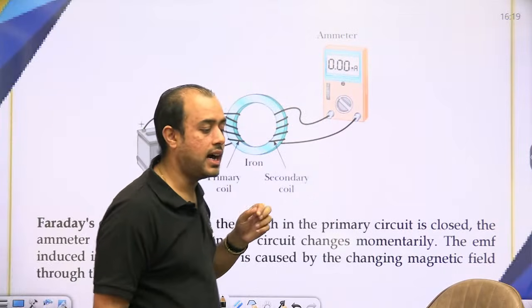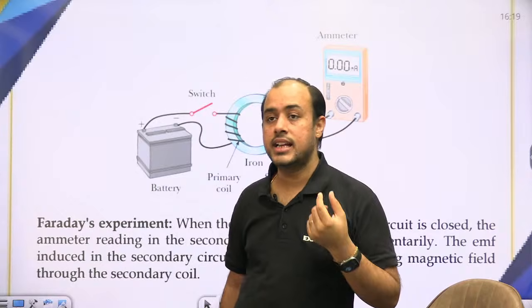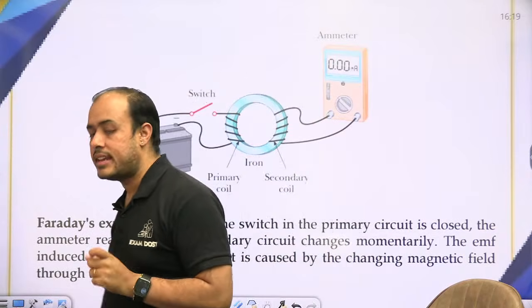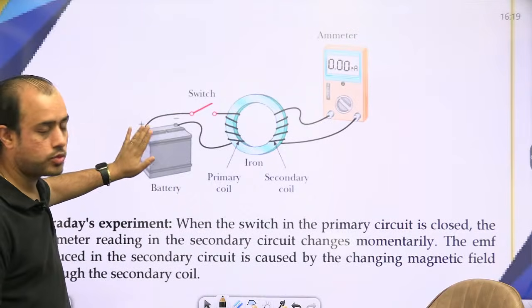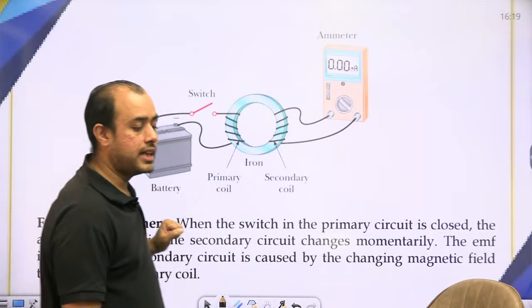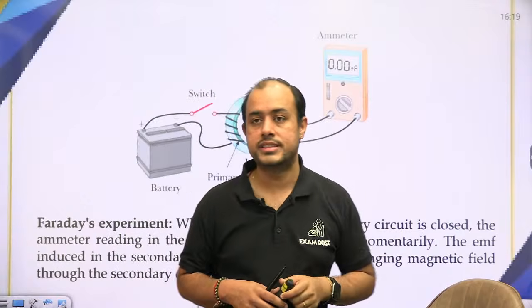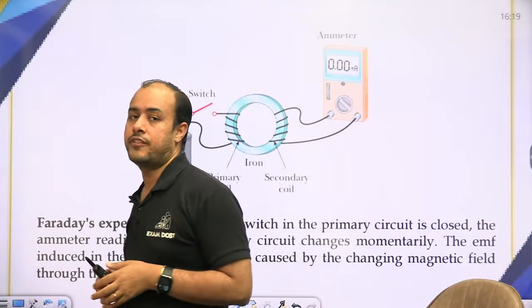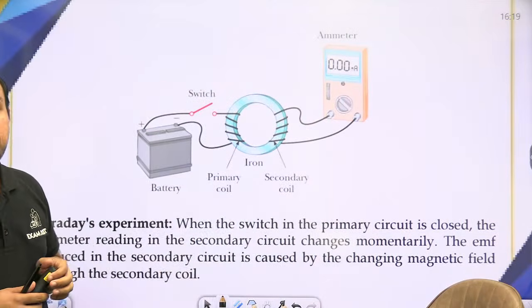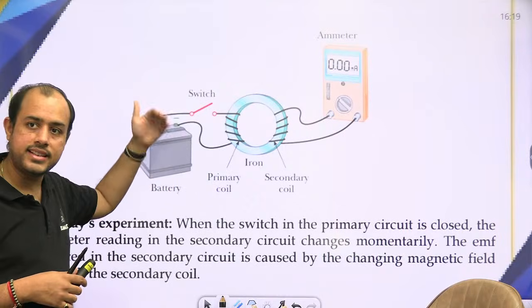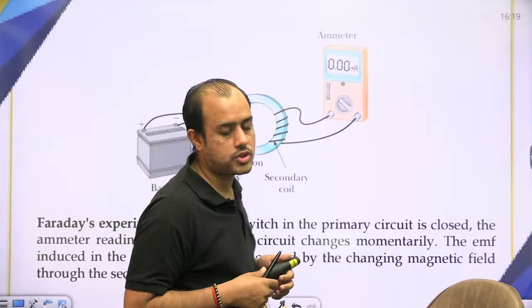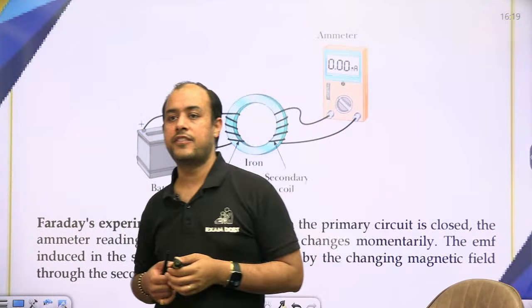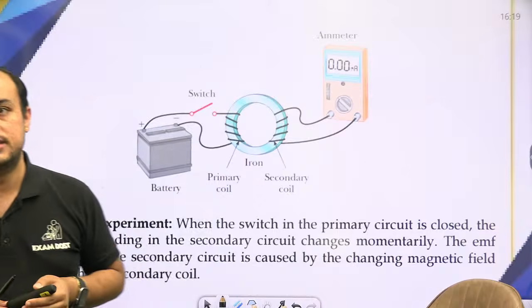Which means beta, there is deflection in the ammeter only when the magnetic field changes. After closing the switch, because of the battery, the magnetic field will remain constant and there will be no deflection on the ammeter. But as soon as he changes the status of the switch, open to closed or closed to open, there will be a deflection on the ammeter.